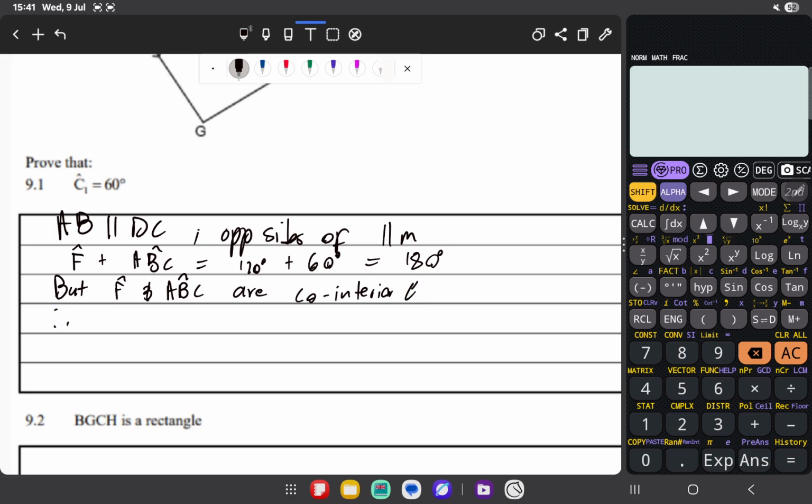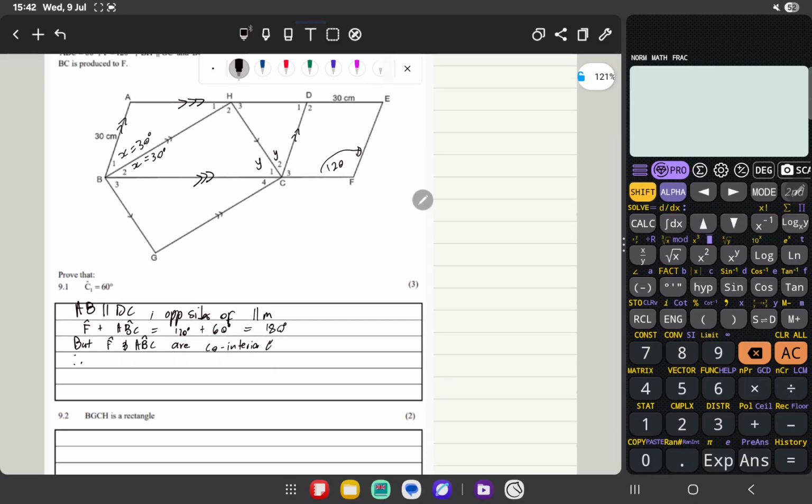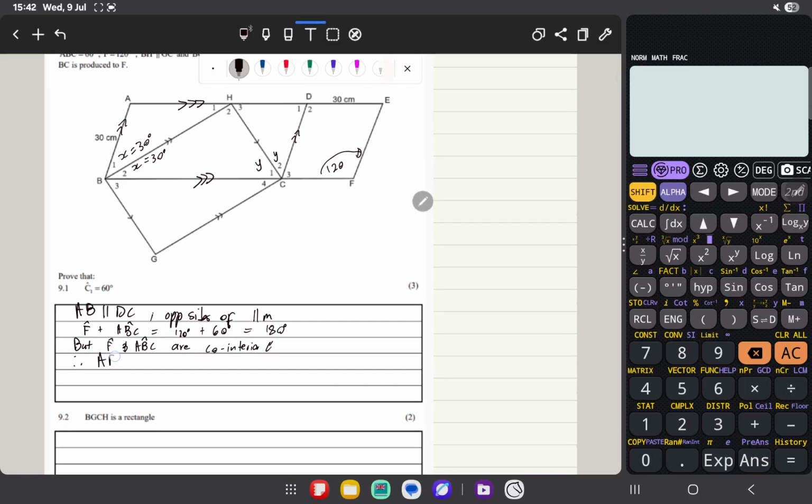Therefore AB must be parallel to FE, right? So from this angle and this angle, adding them together, therefore FE is parallel to AD, right? And because from here we said AB is parallel to DC, that means FE will also be parallel to DC, right?